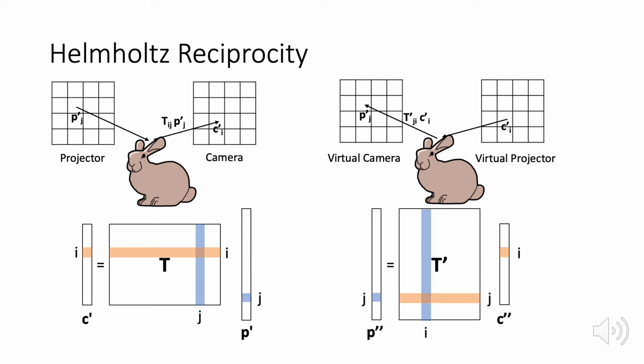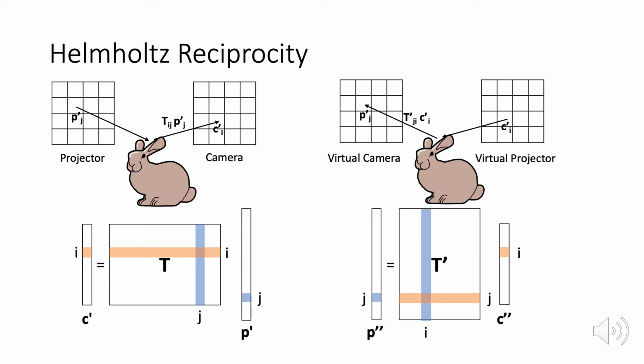Consider which value in this T matrix will be multiplied by the jth entry of P prime to get the ith value of C prime. The answer is Tij, which means the contribution of the jth pixel in the projected image to the ith pixel of the camera should be Tij times P prime J.